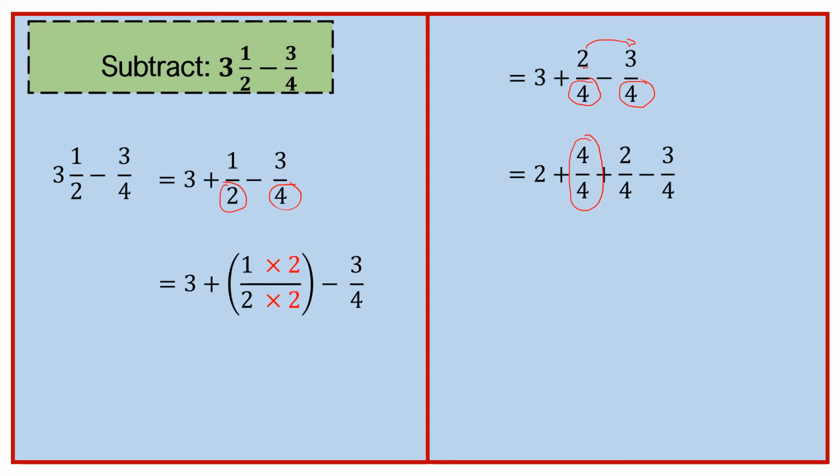So we just get another 1 to add on to 2 out of 4, such that we get 6 out of 4. So that will be 2 and 3 out of 4. That will be our answer.